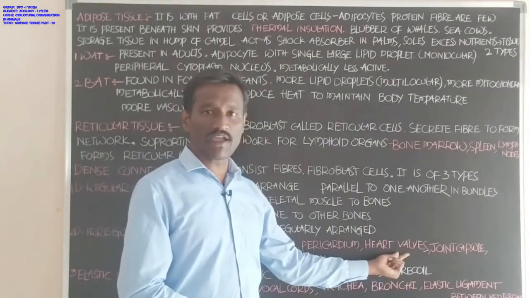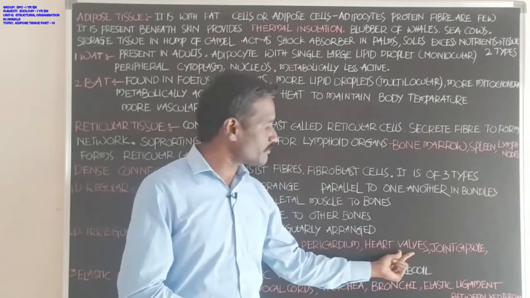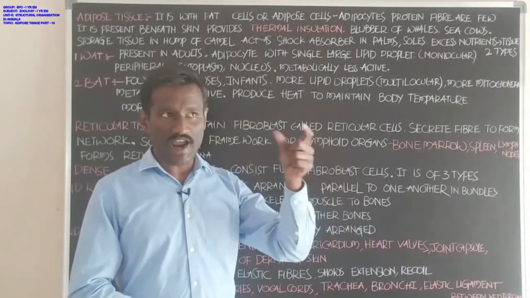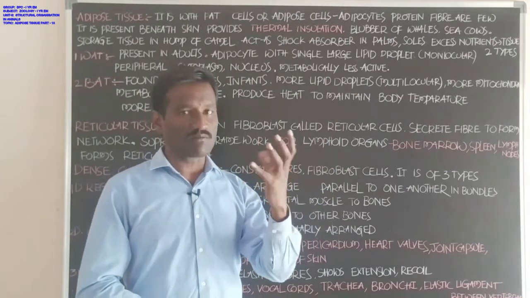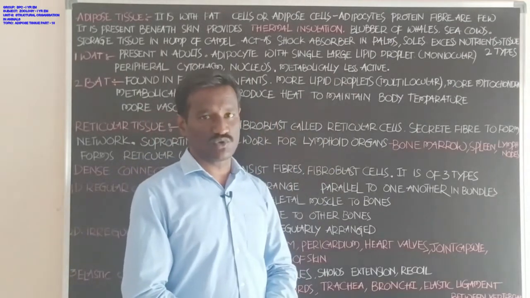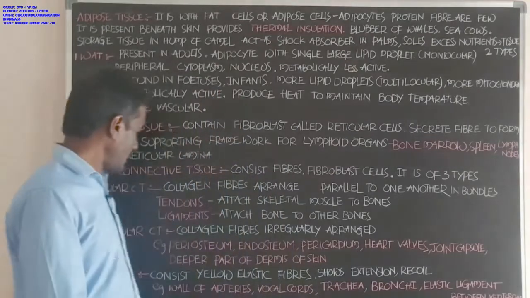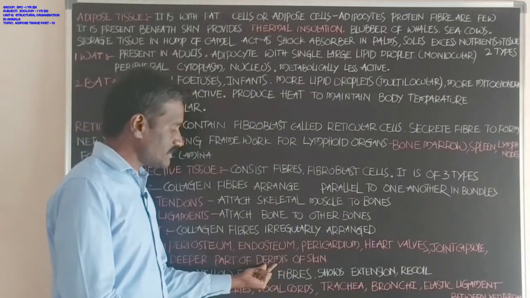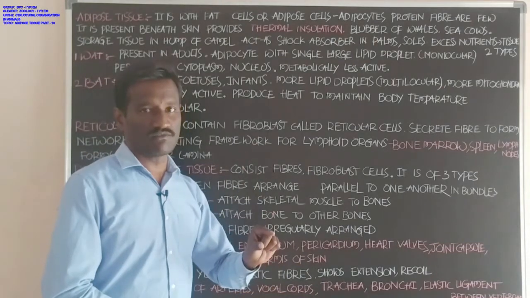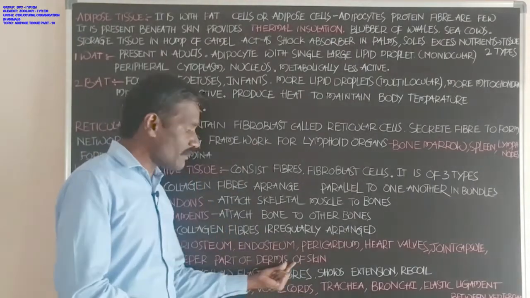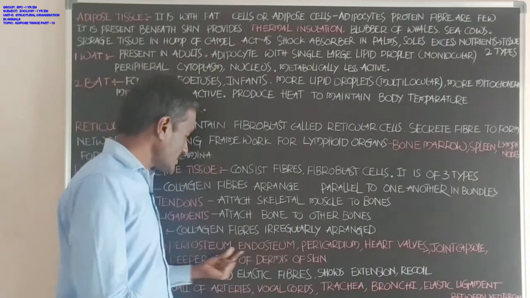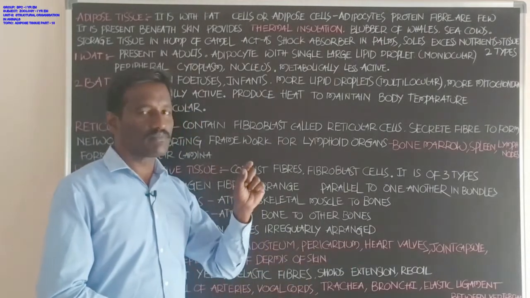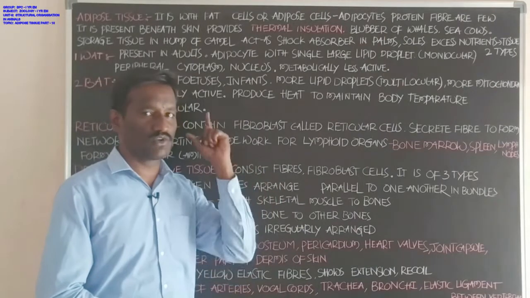Heart walls, bicuspid wall, tricuspid walls. Next, joint capsule: one bone is joined with another bone by the formation of the joint capsule. Next, the deeper part of the dermis of skin. The dermis is below the epidermis of the skin. These are all the parts in the body formed with the dense irregular connective tissue.